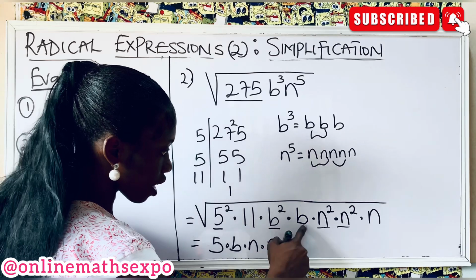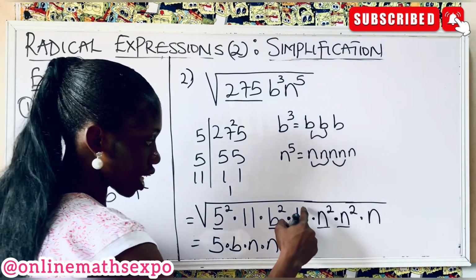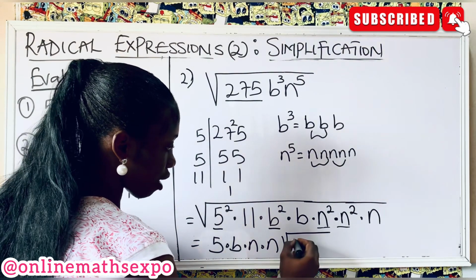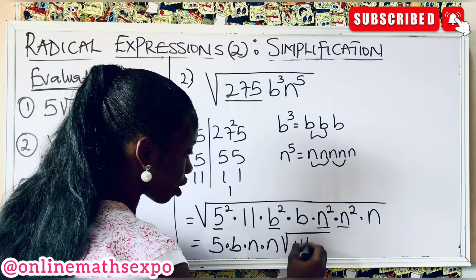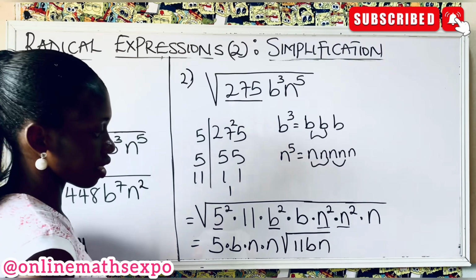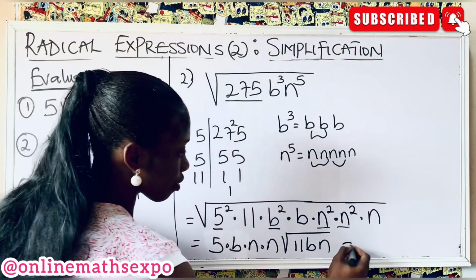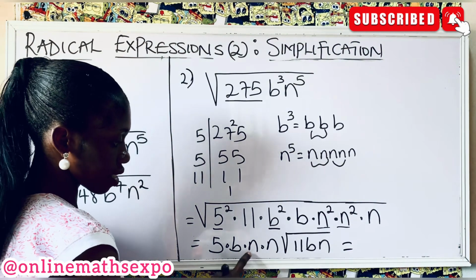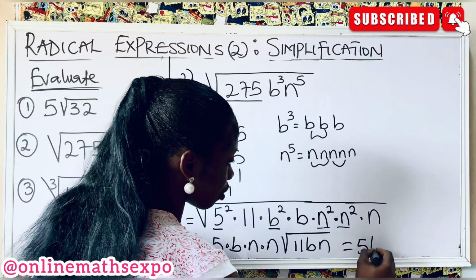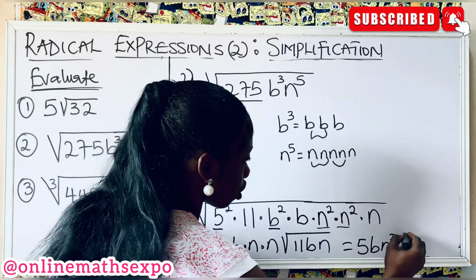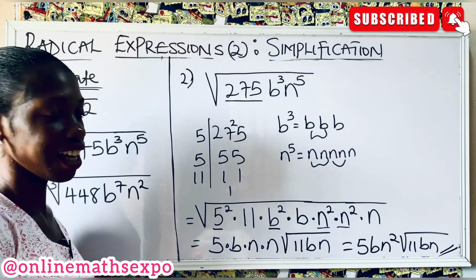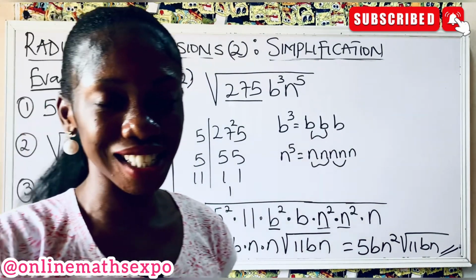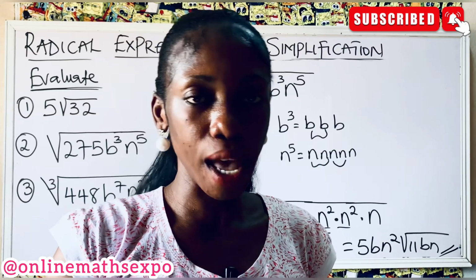These ones will remain in the root, okay, because they are not squared. So we have root 11 b n. I hope that is clear. So simplify finally. 5 multiplies this and will give us 5b n squared root 11 b n, and that is your answer. Let's also see if you get the same answer if you use the perfect square method.